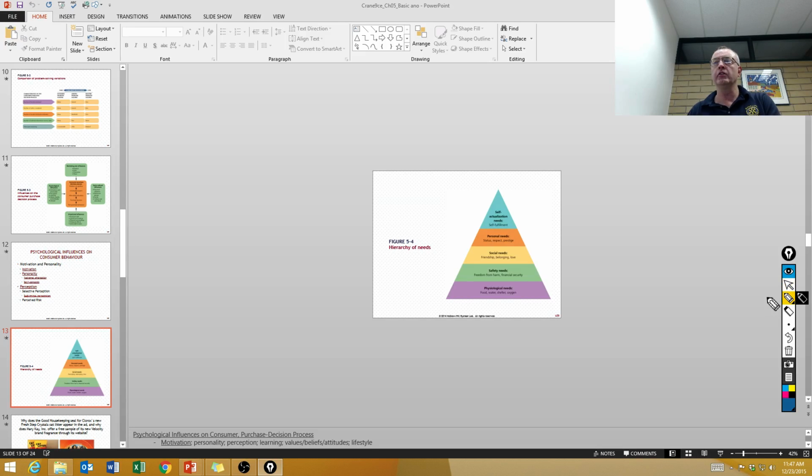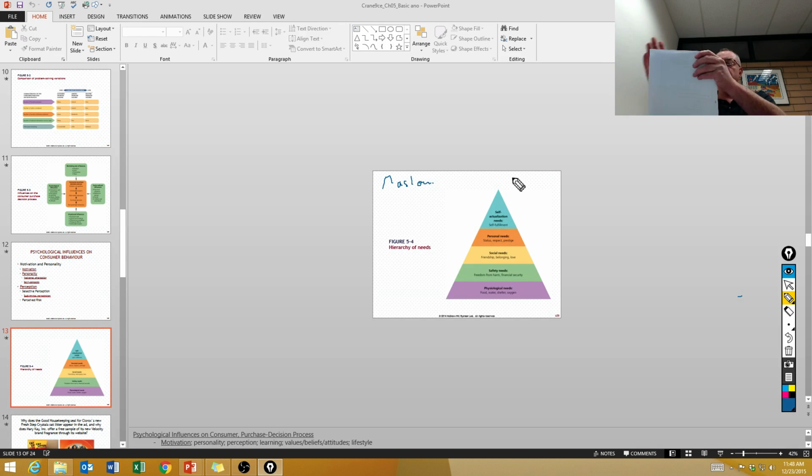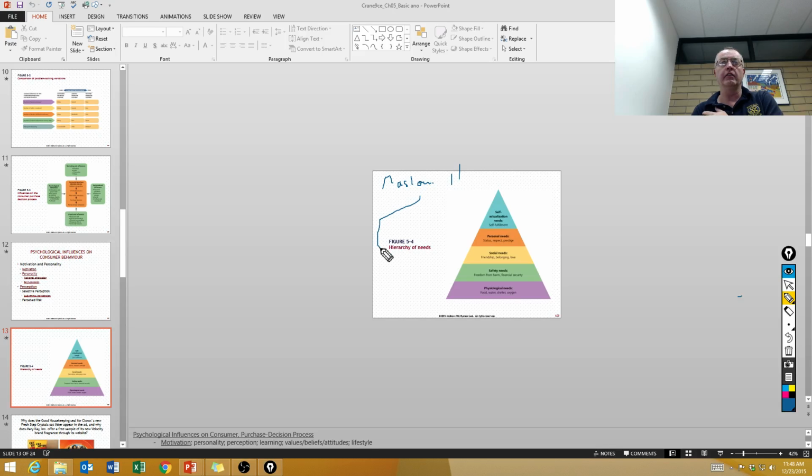I don't even know if the book uses the name Maslow, but the guy who developed this hierarchy is called Maslow. And this is called Maslow's hierarchy of needs.